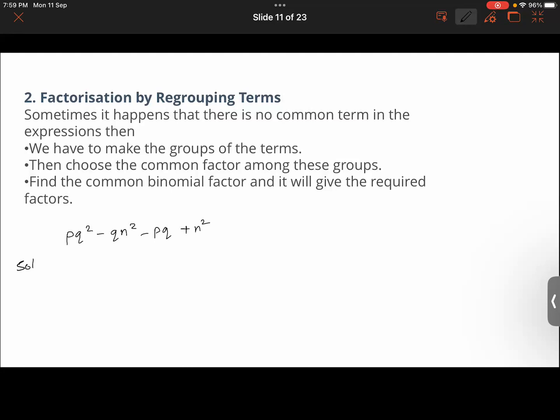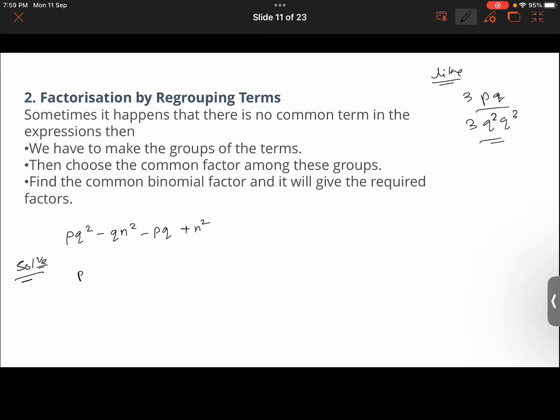Now, let's solve it by the method of regrouping. First thing first, you will regroup the like terms. When I say like terms, I mean like variables, like 3pq or 3p square q, they are going to be like terms no matter how much the power is.